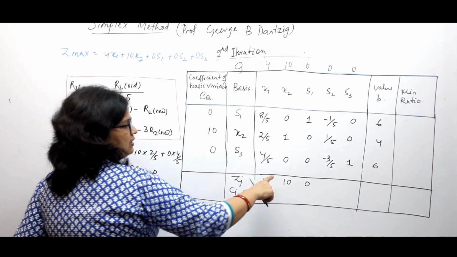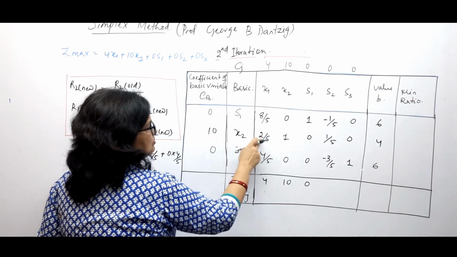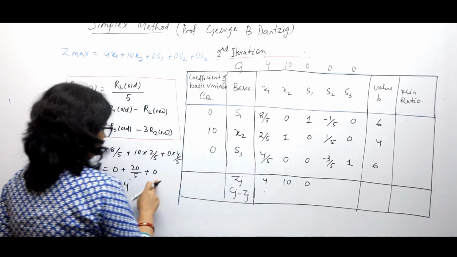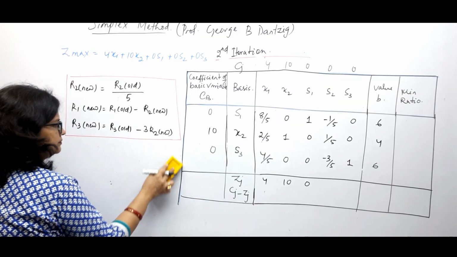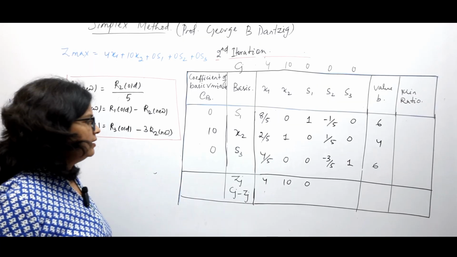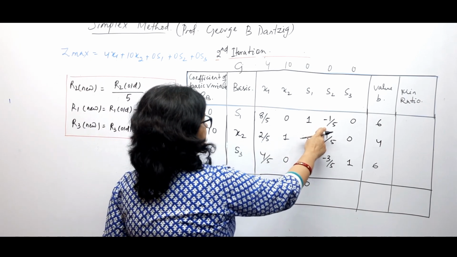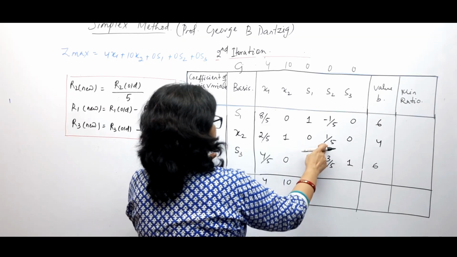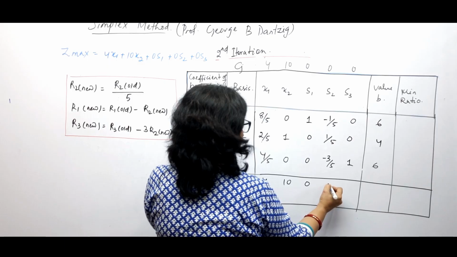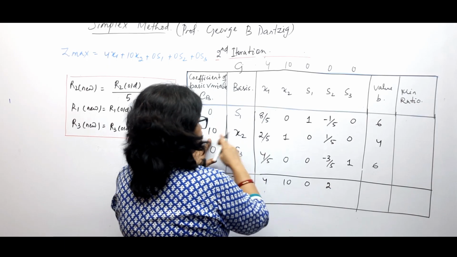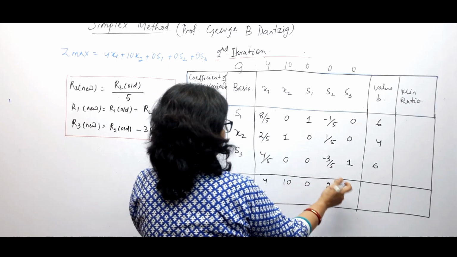So this should be applied for the whole: this into this plus this into this plus this into this. Again, 0 into minus 1 by 5 is 0, 10 into 1 by 5, this is 10 by 5, that is 2, and this is 0 into 0.